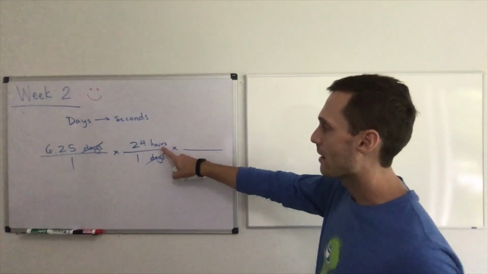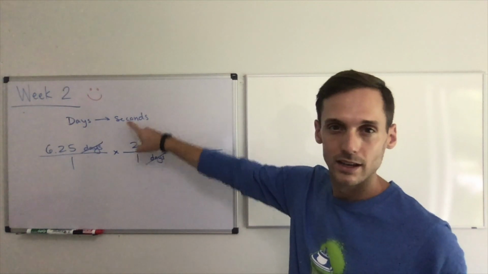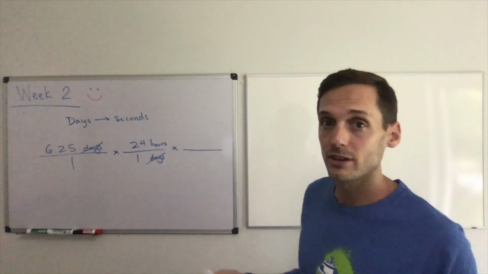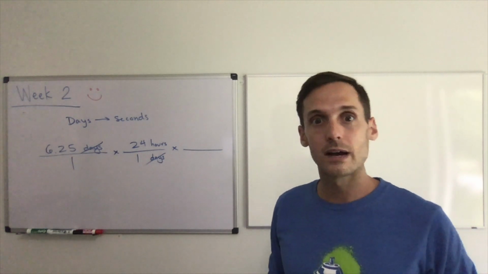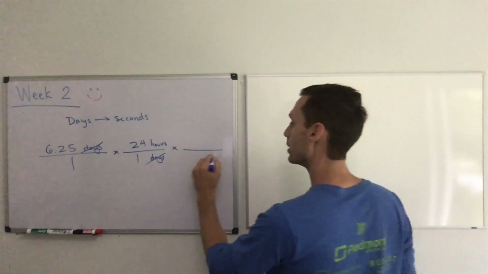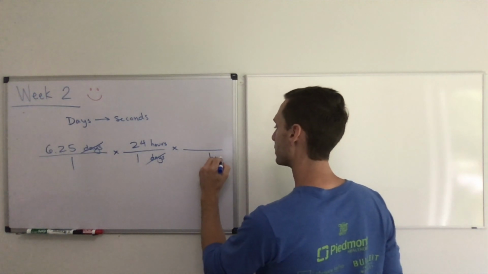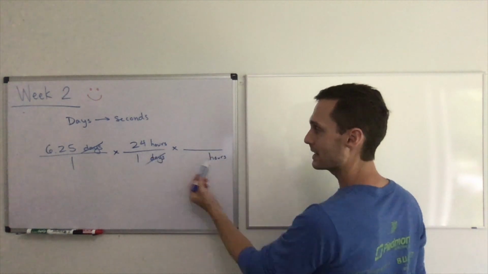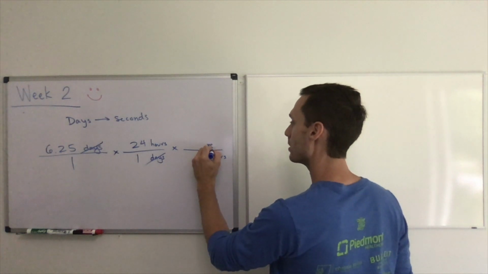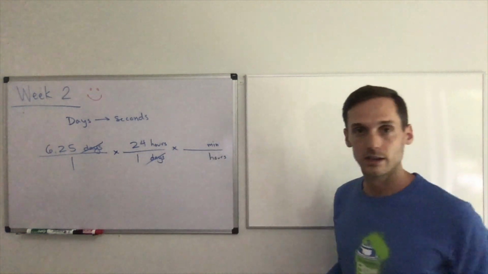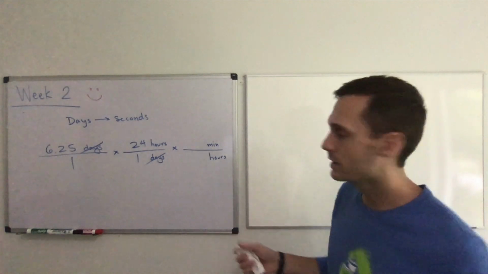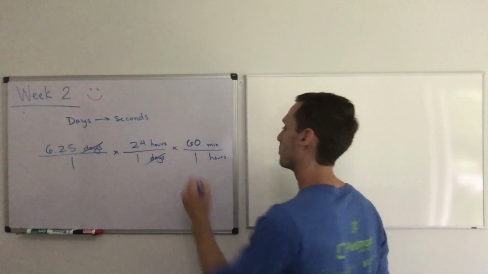Right now we're in hours, but we need to get to seconds. You might not know how many seconds are in an hour, but you probably do know how many minutes are in an hour. So we could do hours here in the bottom because we want it to cancel, and we can go to minutes. Because again, we know how many minutes are in an hour: 60 minutes in 1 hour.